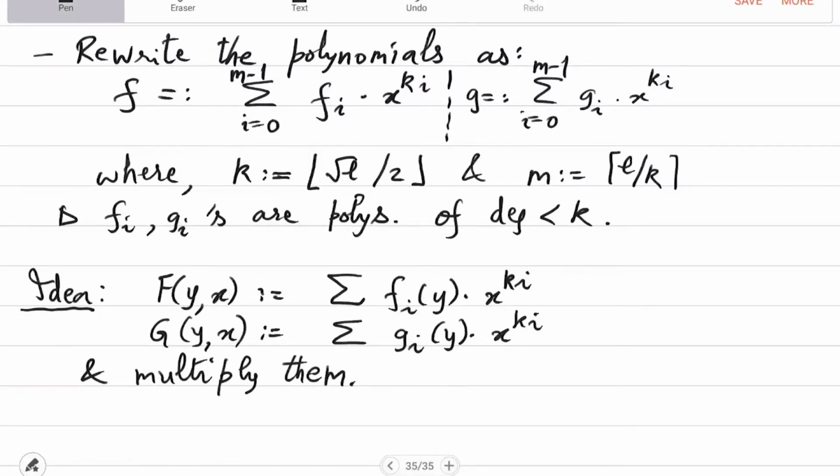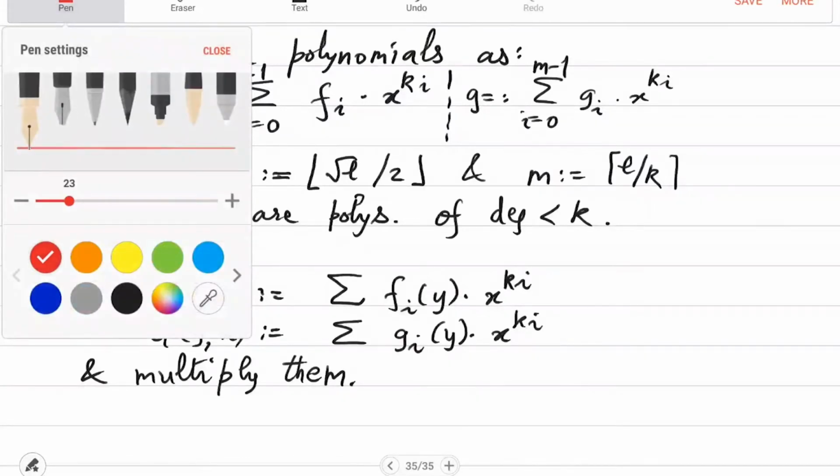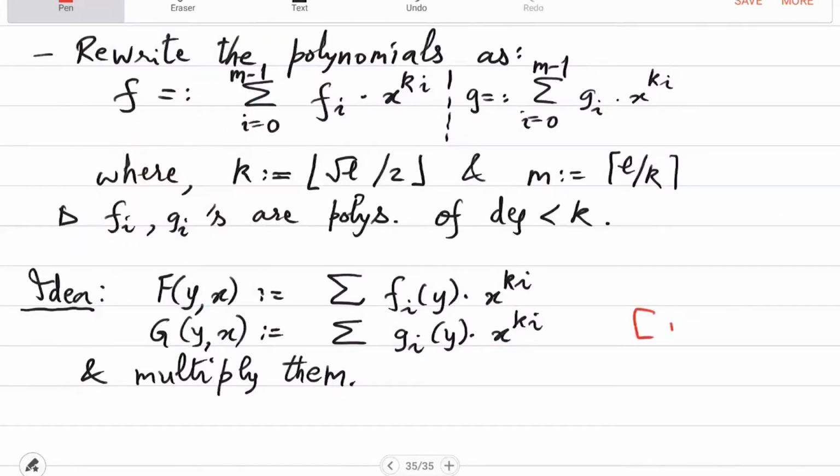And let me remind that y is in E, it's that omega element.